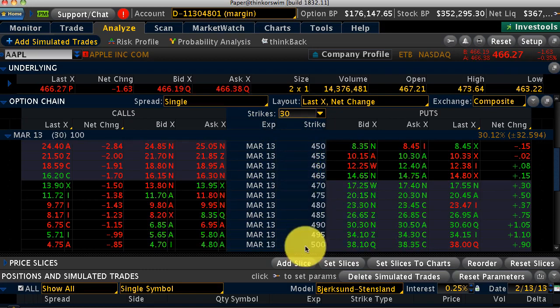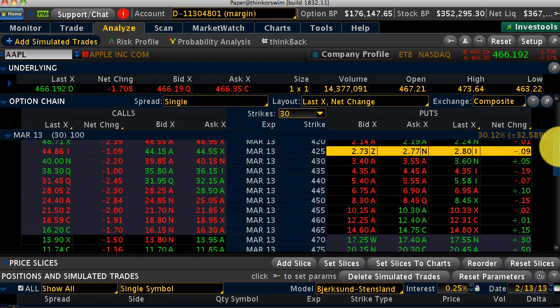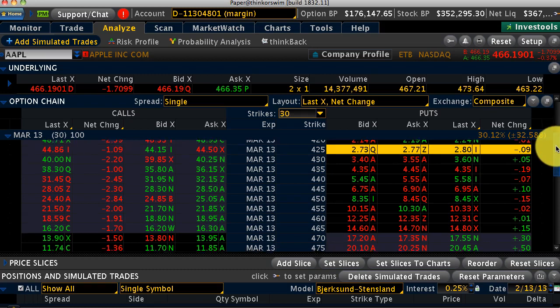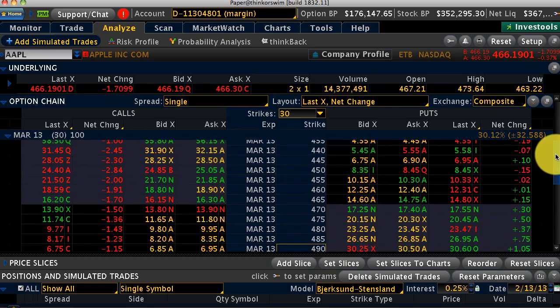If you had a 490 call, then you want the stock to go up. But if you had the 425 put, you want the stock to go down. And as the stock is going down, these put options are going to increase in value.